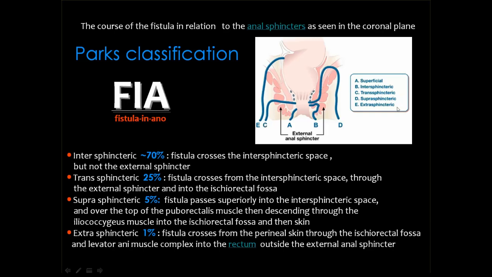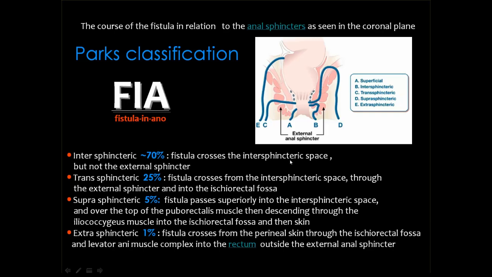Then the suprasphincteric fistula starts from the anal canal, going between the sphincters, then going up until it reaches the puborectalis or even crosses the levator ani, then curves to go through the ischioanal or the ischiorectal fossa.